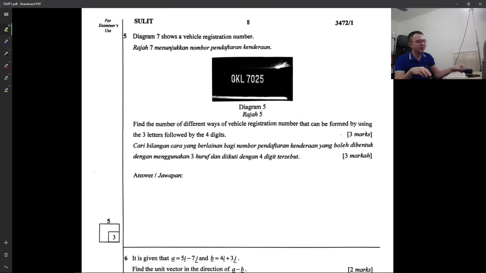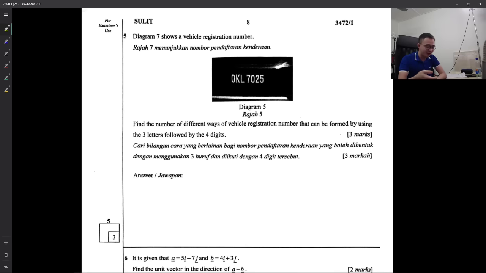Alright, okay, this is one of the questions where my answer is actually slightly different from the marking scheme answer. Diagram 7 shows the vehicle registration number, and we need to find the number of ways these vehicle registration numbers can be formed using 3 letters followed by 4 digits.